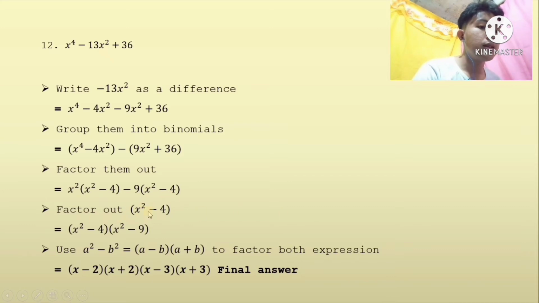So this will become x squared minus 4 times x squared minus 9. Then use a squared minus b squared equals a minus b times a plus b to factor both expressions. So x squared minus 4 will become x minus 2 times x plus 2. Then x squared minus 9 will become x minus 3 times x plus 3. So this is our final answer.